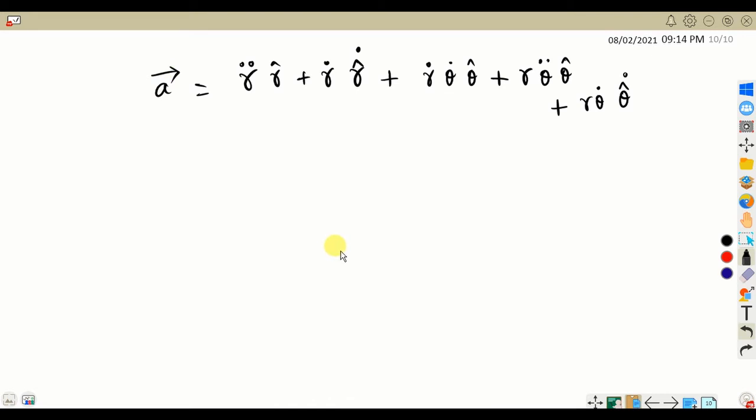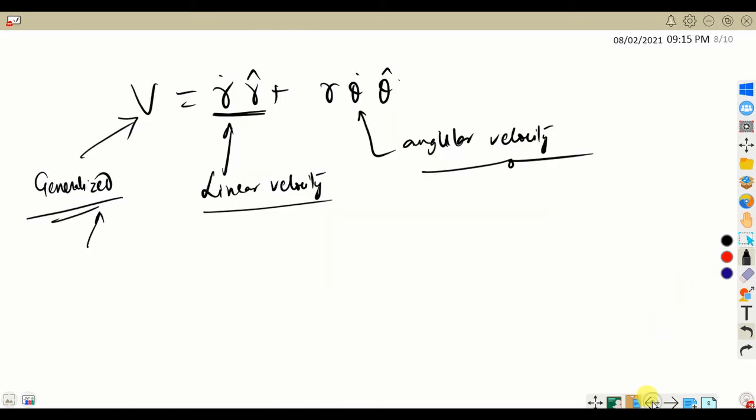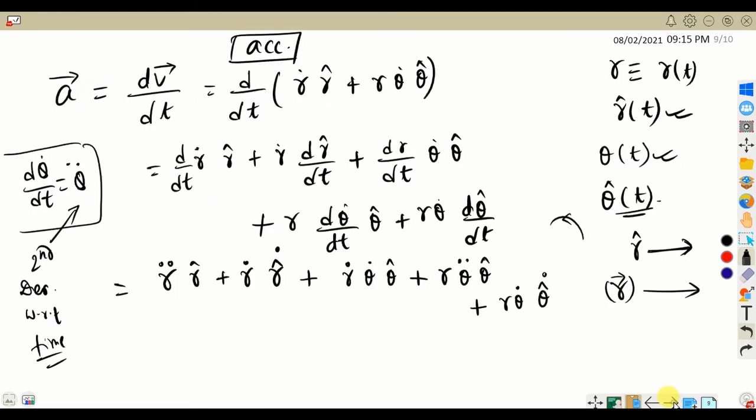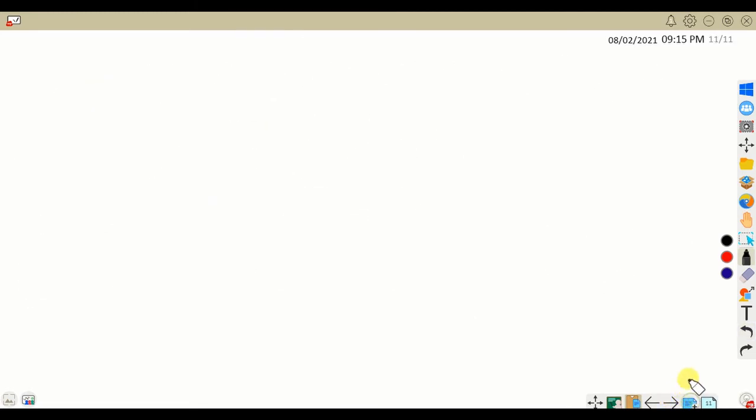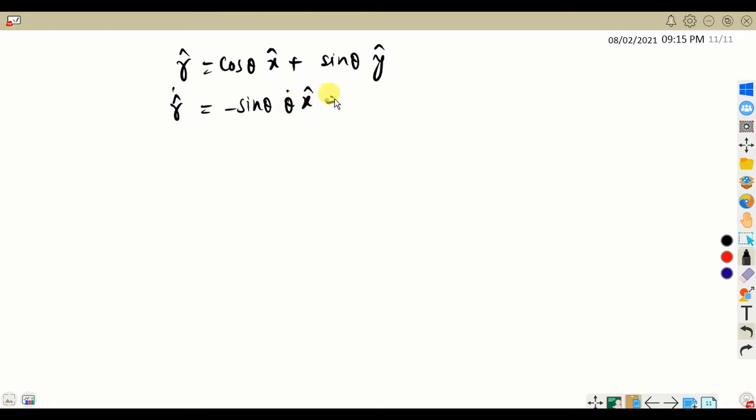Now you may ask, how can you find this guy and this guy? Well, we have already found what your r hat is, so I'm going to write r hat is cos theta x hat plus sine theta y hat. So r hat dot will be minus sine theta theta dot x hat plus cos theta theta dot y hat.